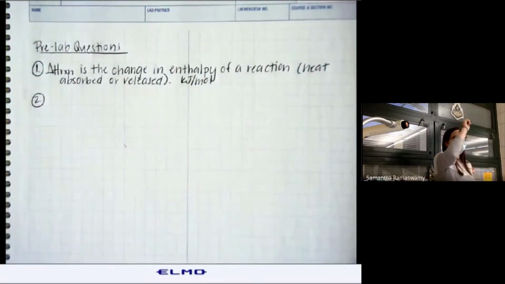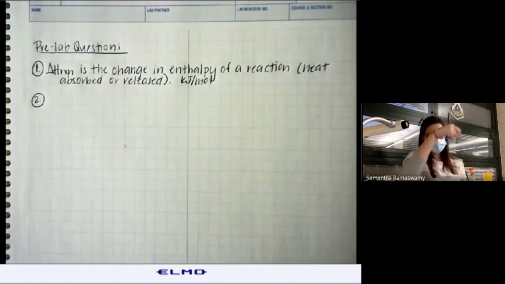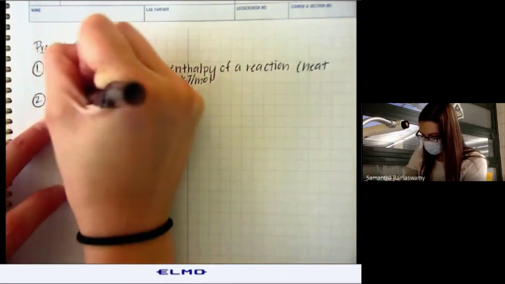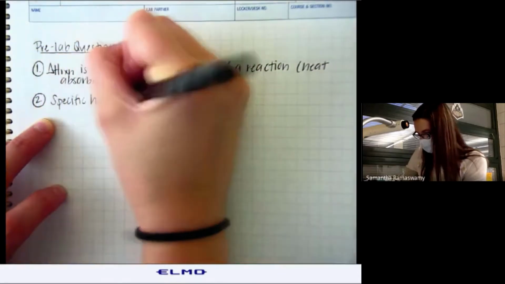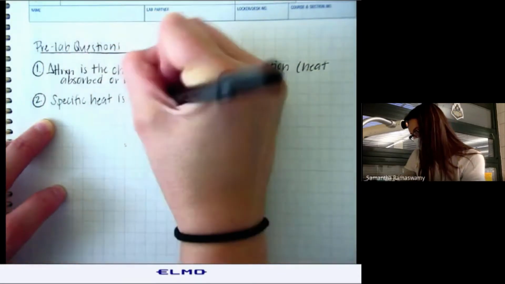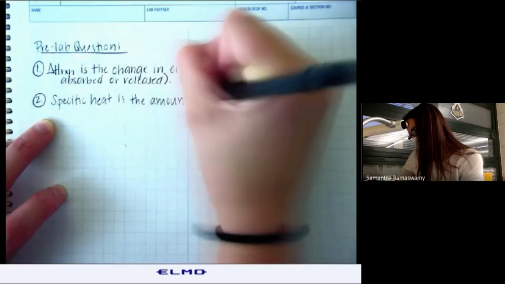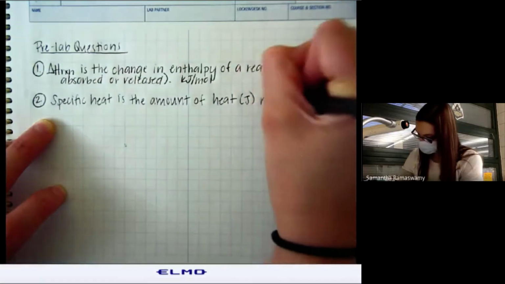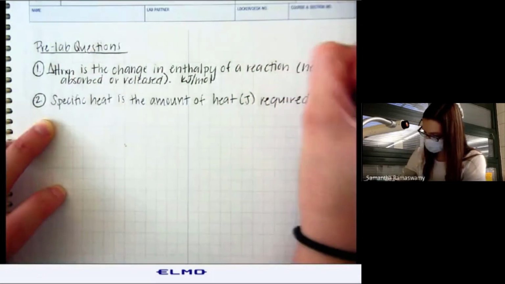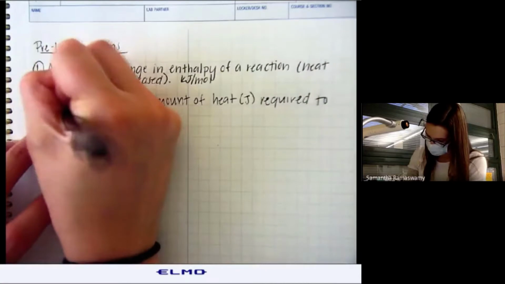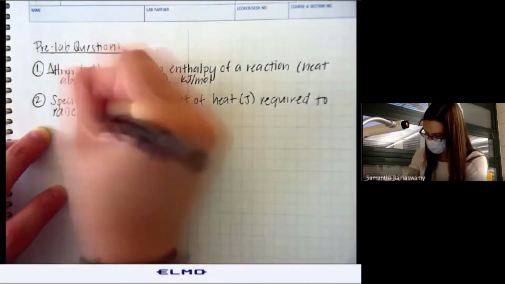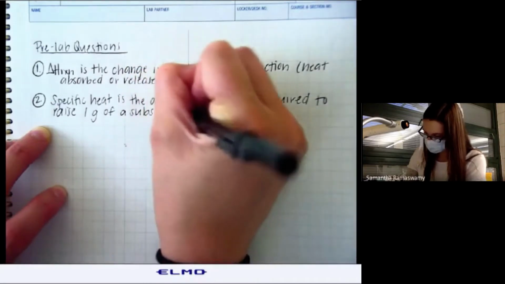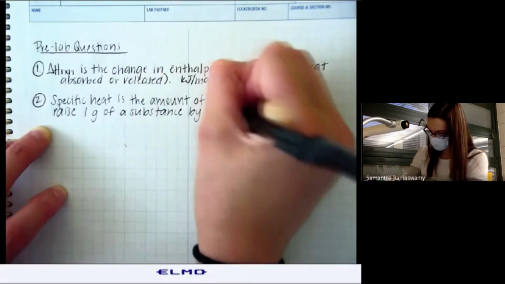If we think about the units for specific heat, joules per gram degree Celsius, specific heat is the amount of heat, and in parentheses I'll put joules, required to raise 1 gram of a substance by 1 degree Celsius.